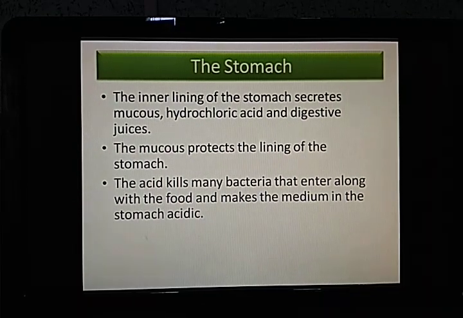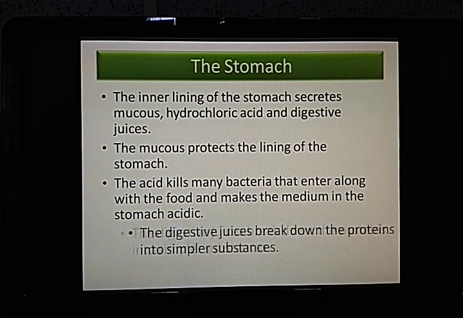That's why, when we face acidity, we take a base, some kind of basic solution, like milk of magnesia. It is a basic solution, so it helps us to neutralize that acidic nature.